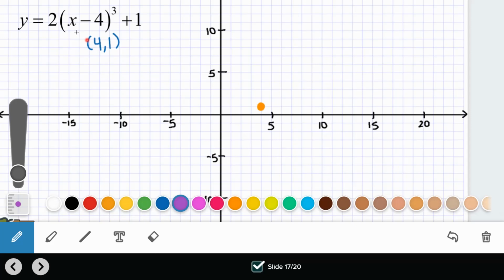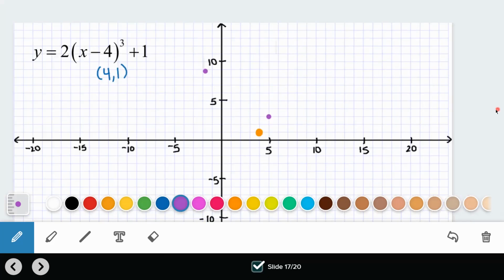Now what I need to see here is this is not going to be just 1 cubed is 1 and 2 cubed is 8. I have a stretch of 2. So I'm going to double after I cube. So I go over 1, 1 cubed is 1, times that by 2, 2. I go out 2. 2 cubed is 8. I double that, I get 16. So let me just move this graph for a second.